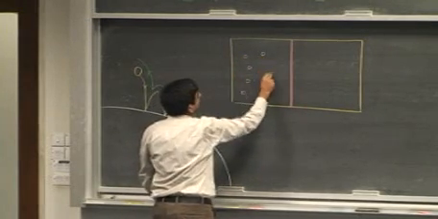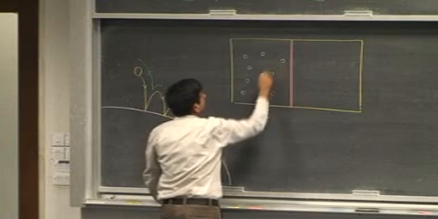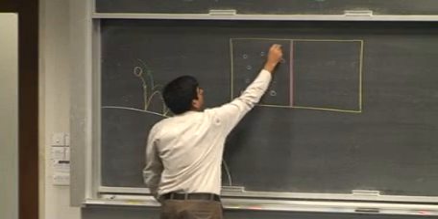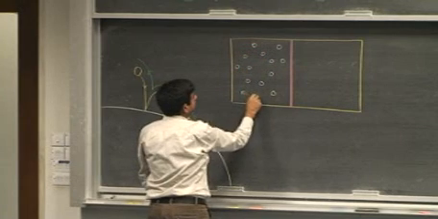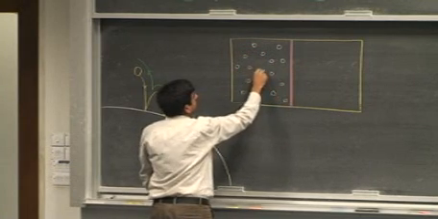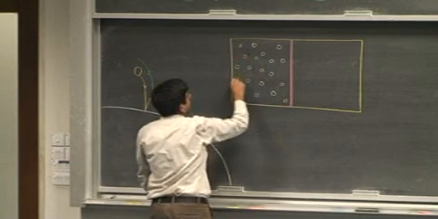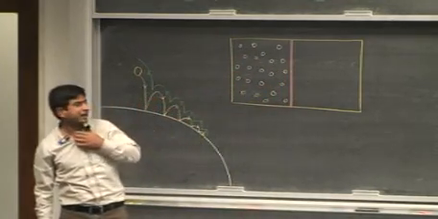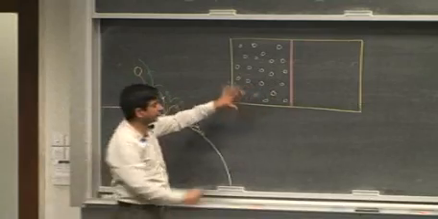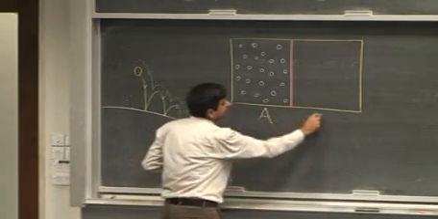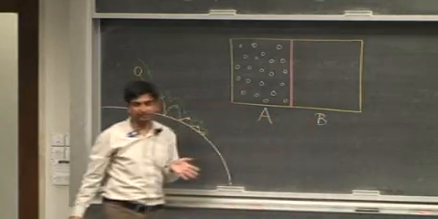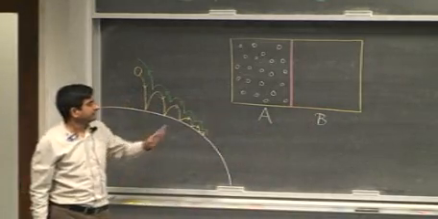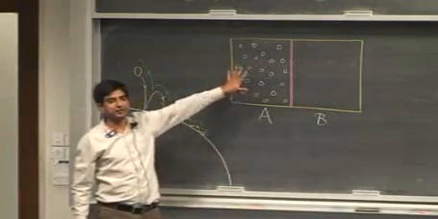We have a monoatomic gas like helium, neon, or argon, comprising single atoms. And all the gas is trapped in compartment A, and there are no gaseous atoms in B. Now this gas will have a certain temperature, T.